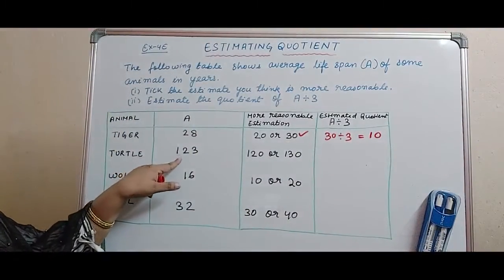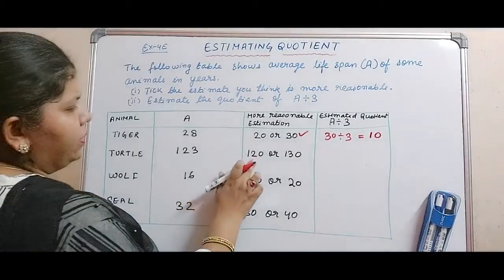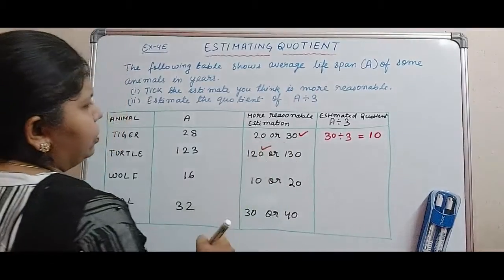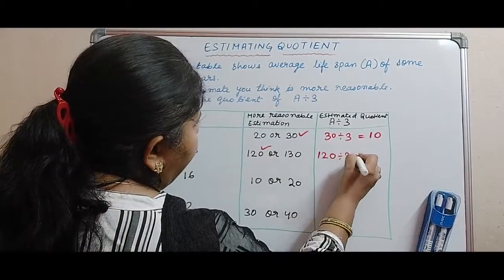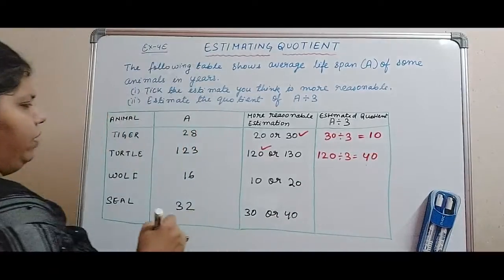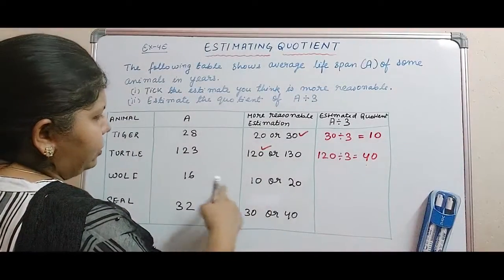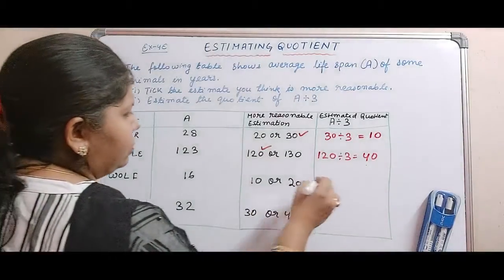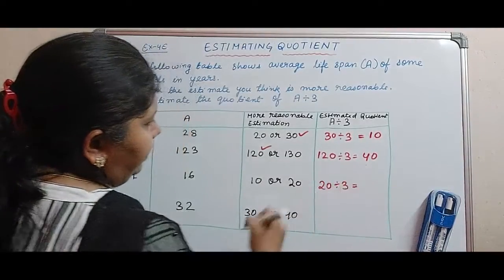Similarly, we continue with turtle. The number is 123, which is obviously closer to 120. So we write 120 divided by 3, which is 40. Then 16 is in the range of 10 or 20 and is obviously closer to 20. So we write 20 divided by 3.